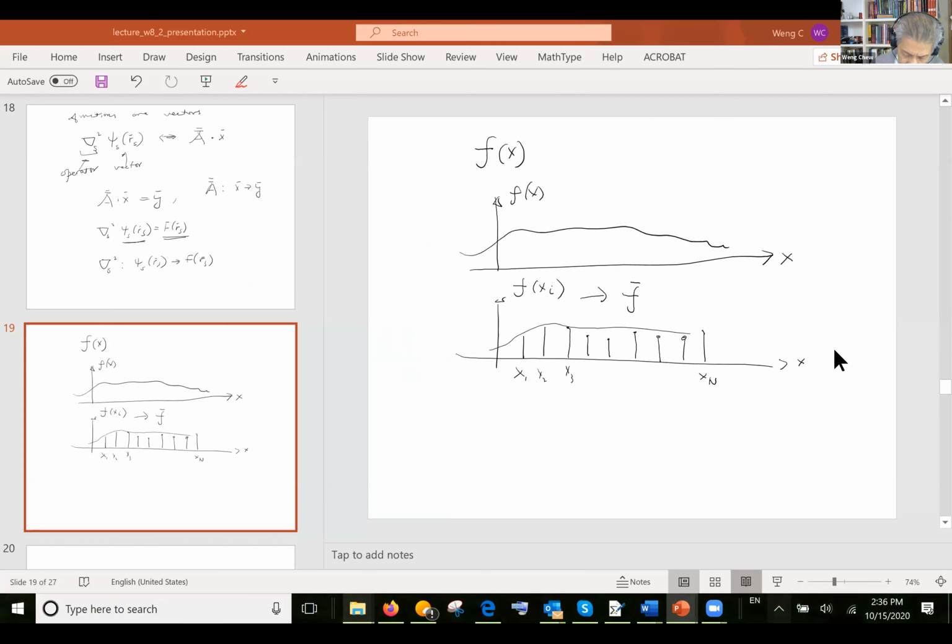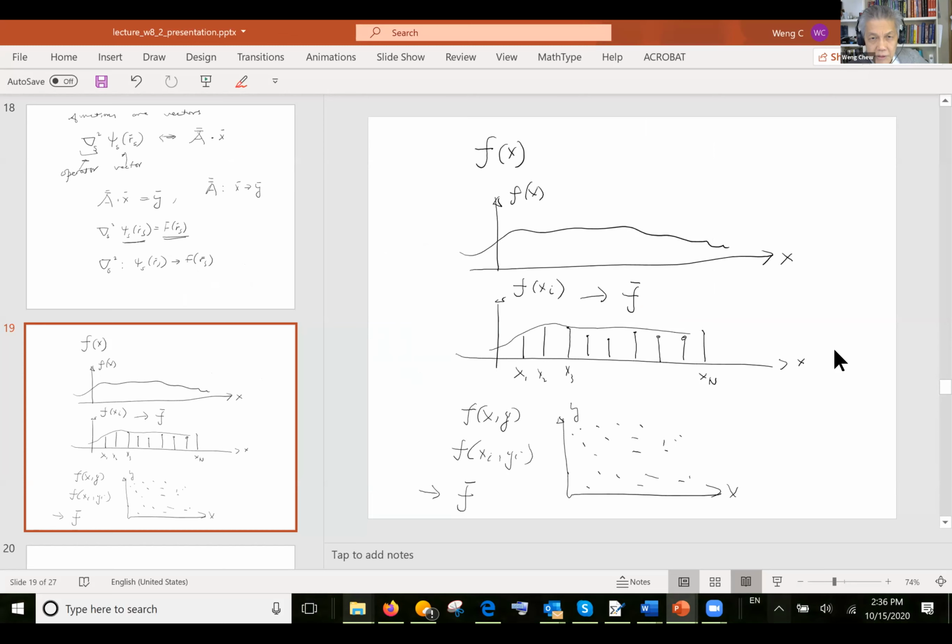You can also think likewise that if I have any function of x and y, and I need to store it on the computer, I will store the value of this function over discrete points. This will be stored as xi, yi, and again, this will be stored as a column vector, if you want to think of it that way.